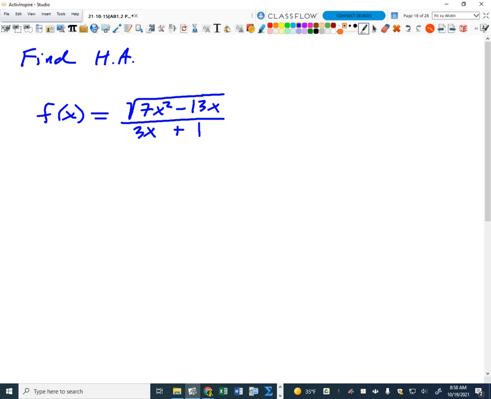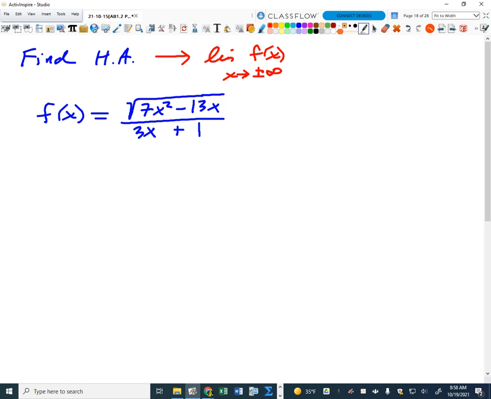You guys walk me through the steps there. So what is that telling me to do? If I'm asking for horizontal asymptotes, how are we going to find those? Okay, good. Limits at infinity, right? So we're taking the limit of our function as x approaches plus or minus infinity, right?